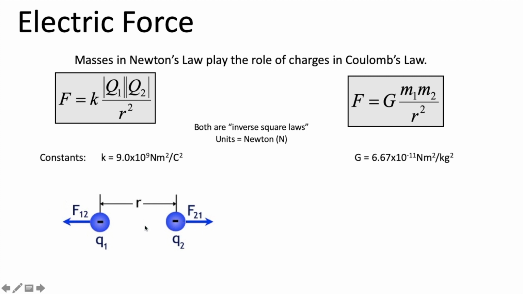This is a repulsive force. So Q2 repulses Q1 to the left, and Q1 has a repulsive force on Q2 to the right. So this is F21, this is F12. The directions are equal and opposite. And if they are opposite charges, there is an attractive force.